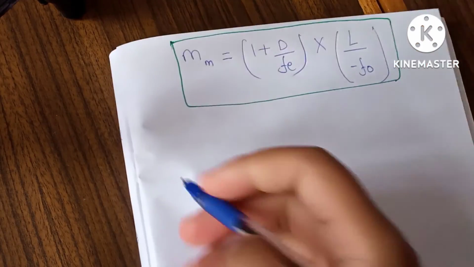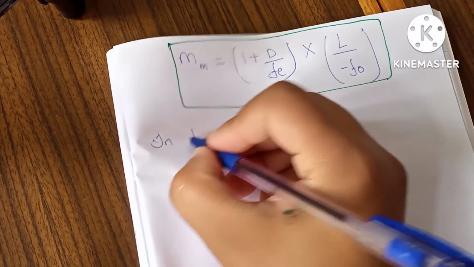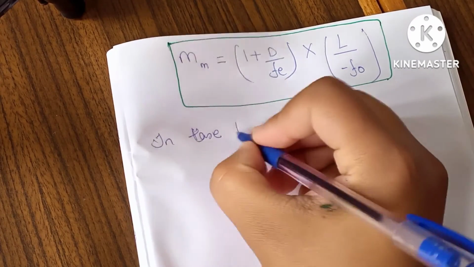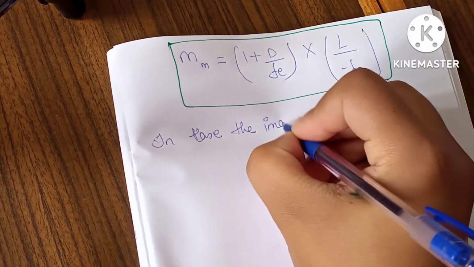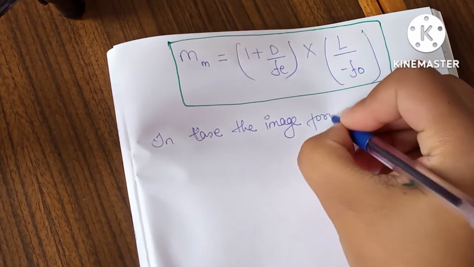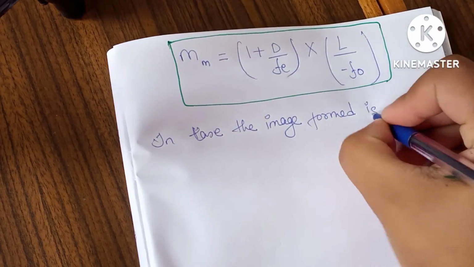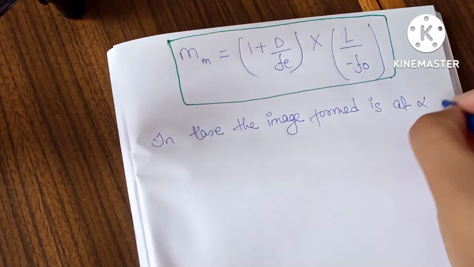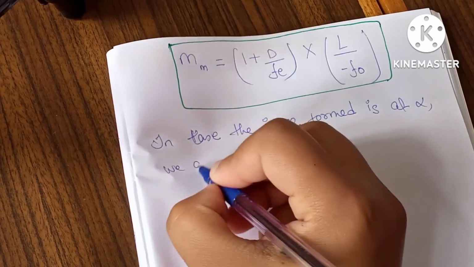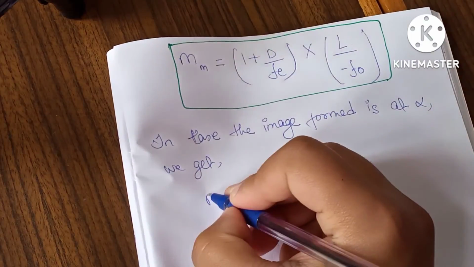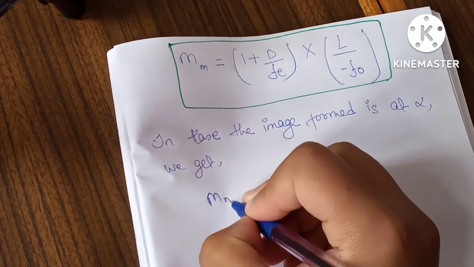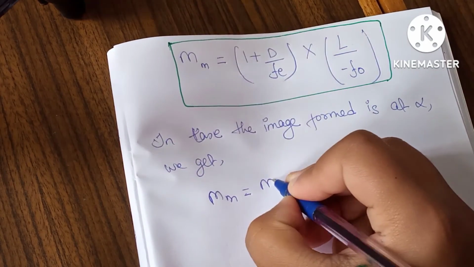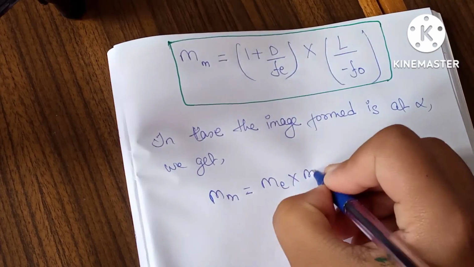Now in case the image formed is at infinity, we get magnification equal to magnification of eyepiece into magnification of objective, MO.